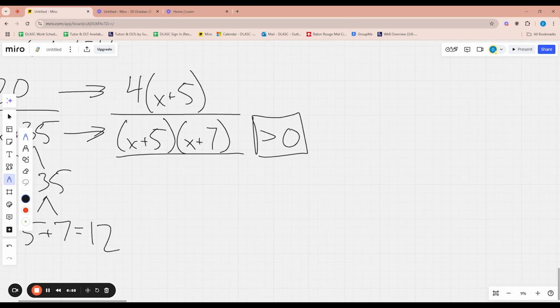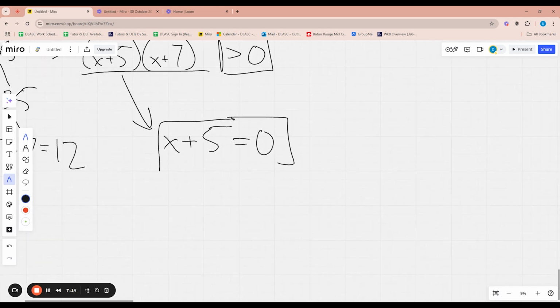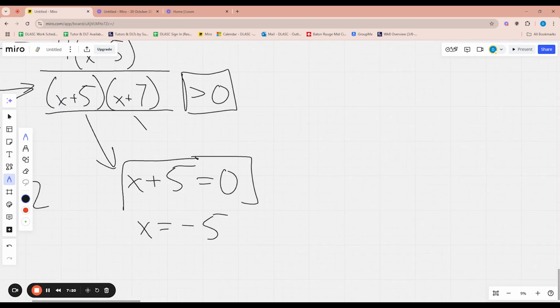So we can take x plus 5 and set that equal to 0 to see what value of x makes it 0. So x plus 5 is equal to 0. We'll solve this with a quick rearrange. That means x is equal to -5. And we'll do the same thing for x plus 7.